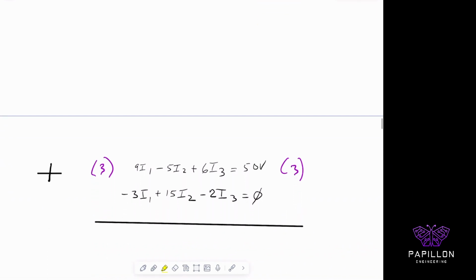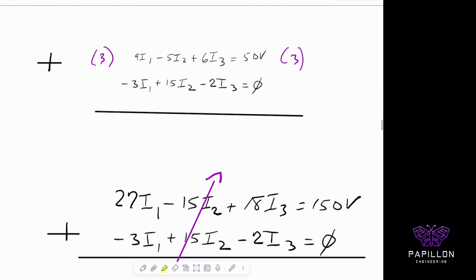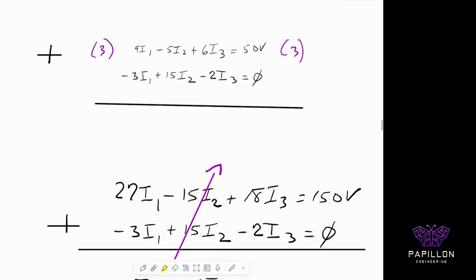Okay, and again, we can try all different types of things as well. What if I multiplied the supermesh equation by 3 as well? Then I'll be left with the following. 3 times 9 gives me back 27, 3 times 5 gives me minus 15, 3 times 6 is 18.